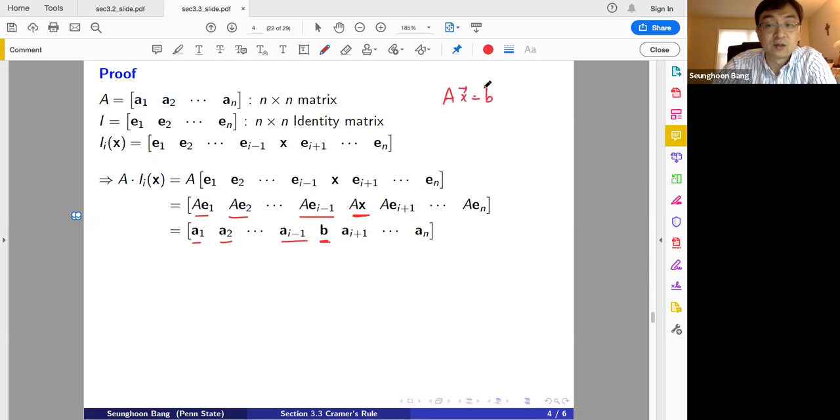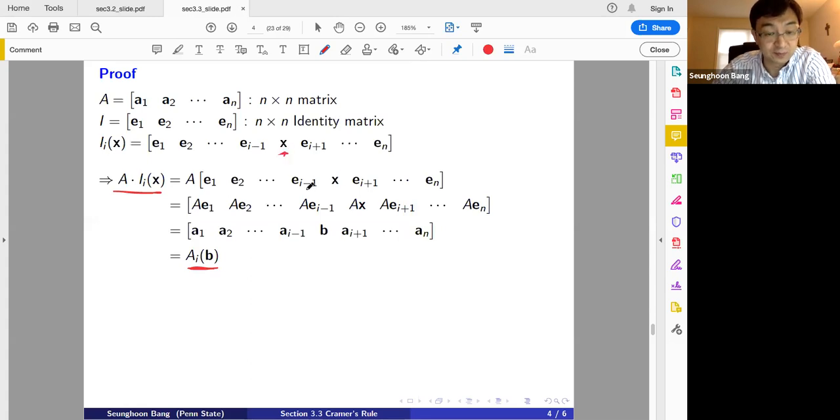This is the reason: Ax equals B. AE(i plus 1) is A(i plus 1), AEn is An. So this is exactly the same as A_i(B). A_i(B) equals A times I_i(x), where I_i(x) only replaces the ith column by x.